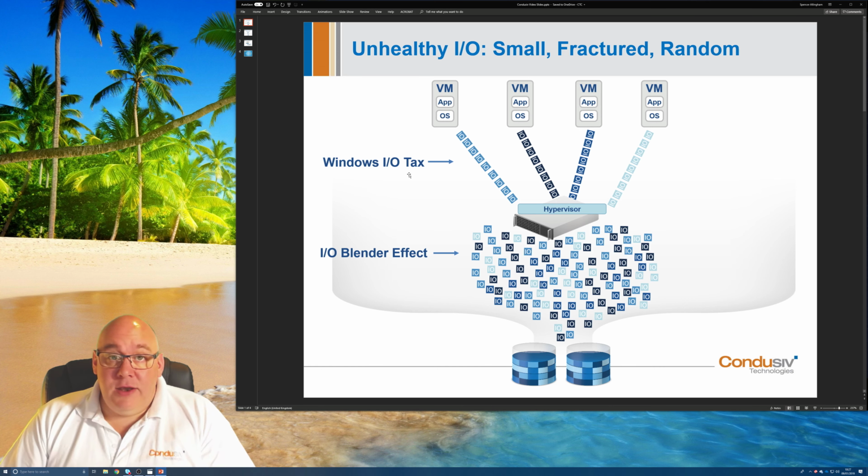The I/O blender effect that the video mentioned is this randomization of the small fractured packets as they pass through the hypervisor.